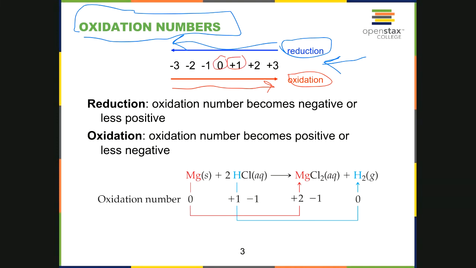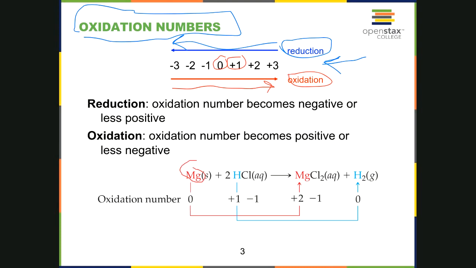That's still a reduction. Okay? Now, I've got it in words here also. In a reduction, the oxidation number becomes negative or less positive. In an oxidation, the oxidation number becomes positive or less negative.